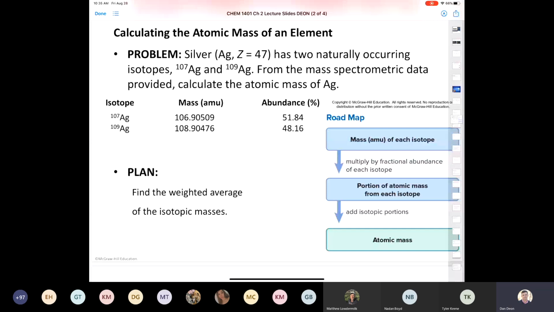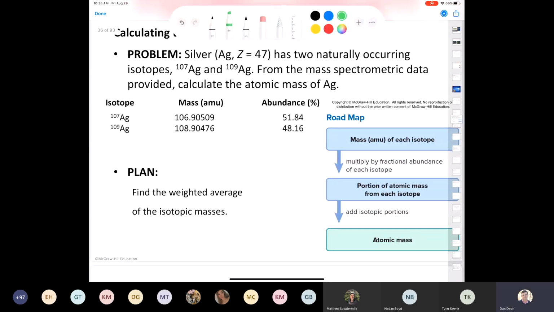So they've given us the atomic masses of each isotope of silver. If you measure the isotope silver 107 in atomic mass units, 1/12 of carbon 12, it weighs 106.90 something, okay?